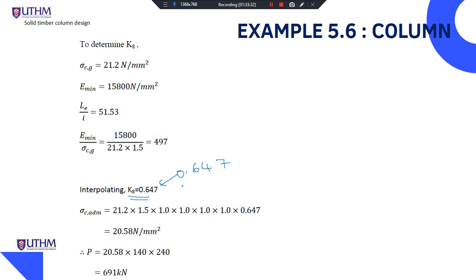If I'm not mistaken, this is using Table 10 because it's using interpolation. From the first column for 497, and from the radius of gyration 51.53, we do the interpolation, and finally the KH is equal to 0.647.